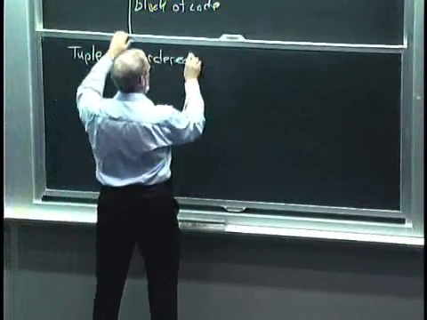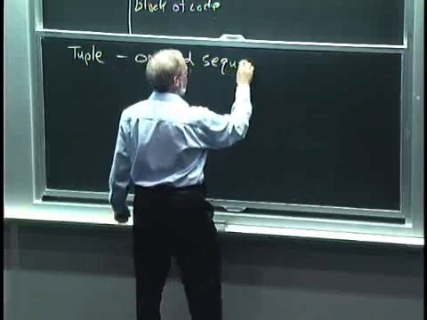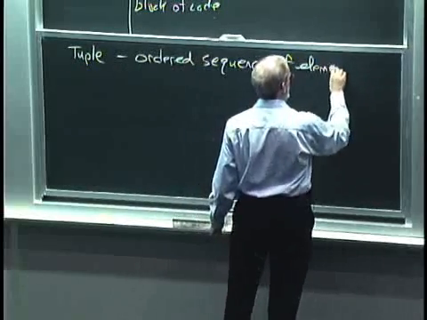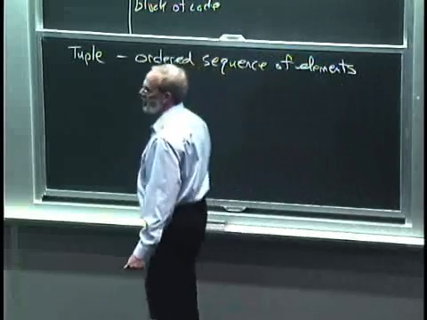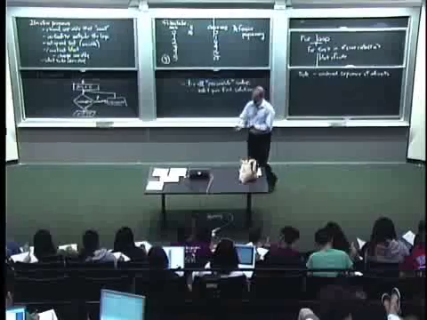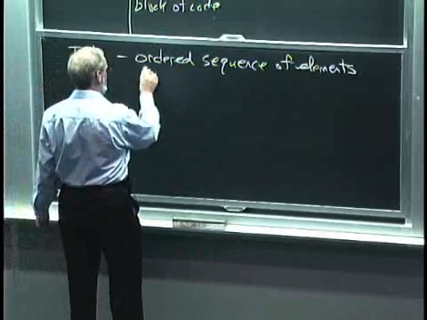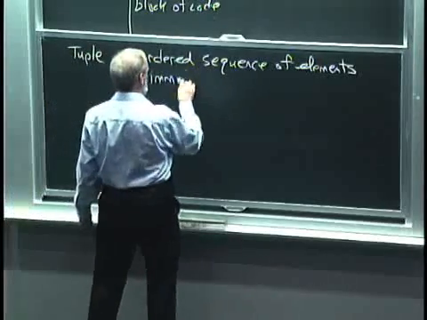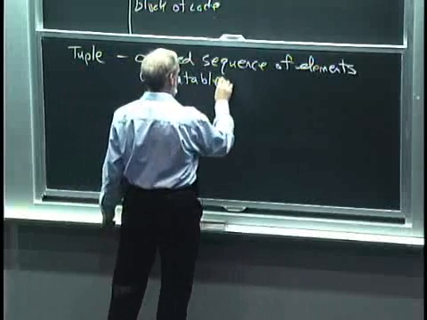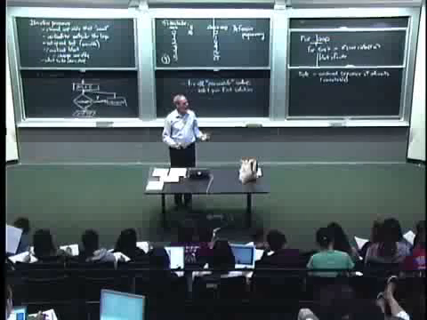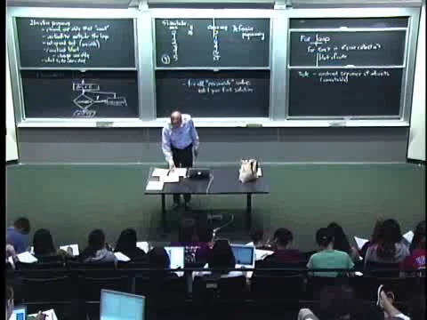And this is an ordered sequence of elements. Now, I'm going to actually add something to it that's going to make sense in a little while or in a couple of lectures, which is it is immutable, meaning I cannot change it, and we'll see why that's important later on. But for now, a tuple is this ordered sequence of structures.